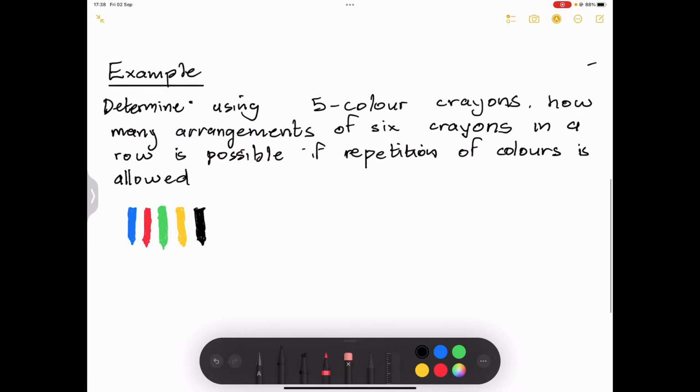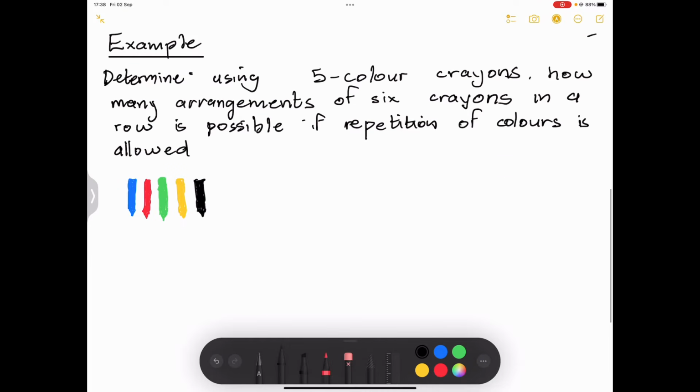Now, I want us to take an example in this case. They say, determine using 5 color crayons how many arrangements of 6 crayons in a row is possible if repetition of colors is allowed. Now, let's say you've got many crayons, and the colors that you have are blue, red, green, yellow, and black.